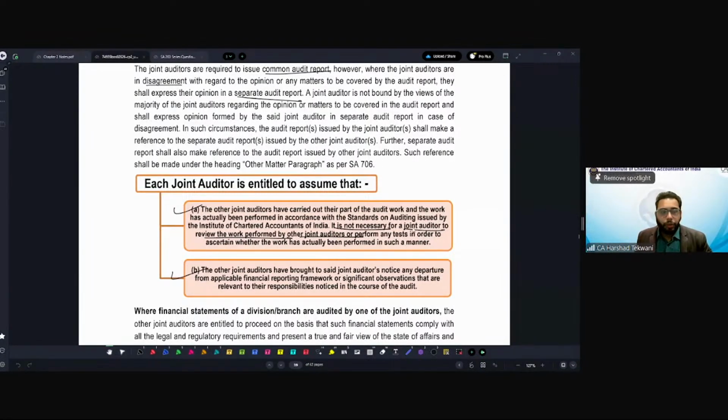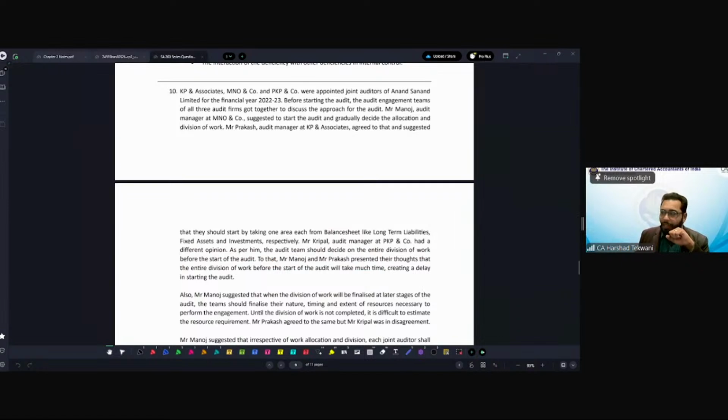So this is a very good question that I'm going to discuss now, on the joint audit point of view, and it's a combination of questions that we will be solving.